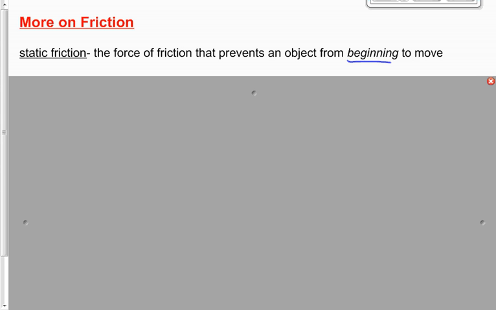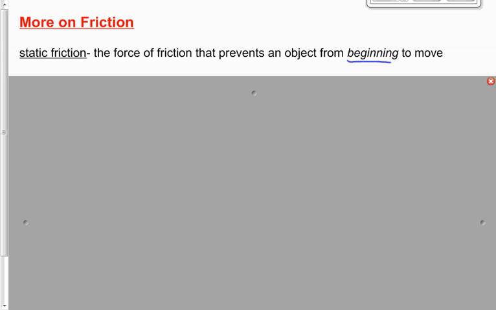So static friction had the ability to react to how hard I was pushing. Static friction will always be the same value as the force that I'm pushing with until it reaches a maximum value. I push with 5 newtons, static friction is 5 newtons. I push with 10 newtons, static friction is 10 newtons. I push with 50 newtons, it doesn't move, static friction is 50 newtons.